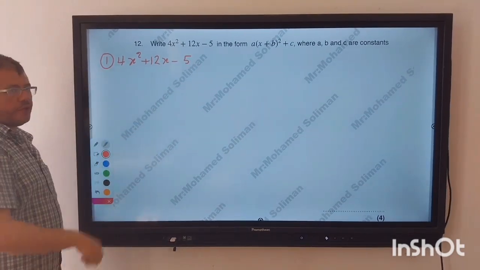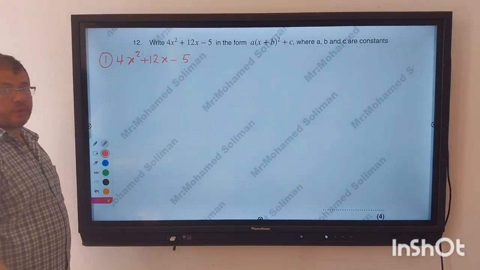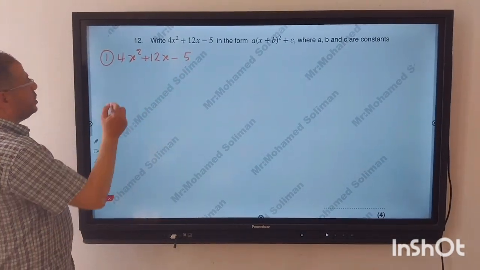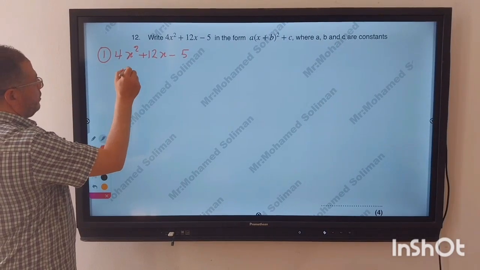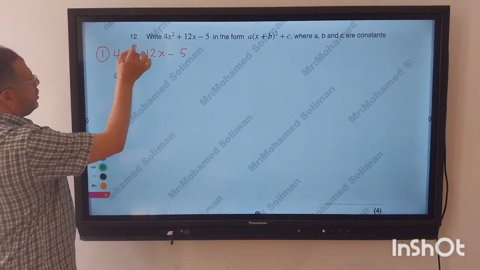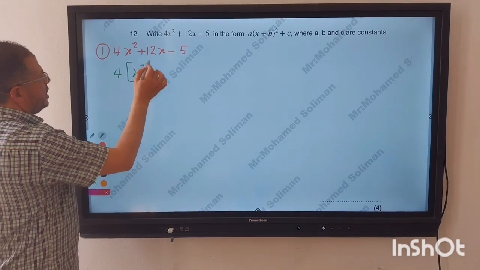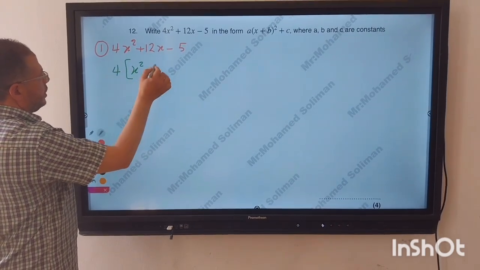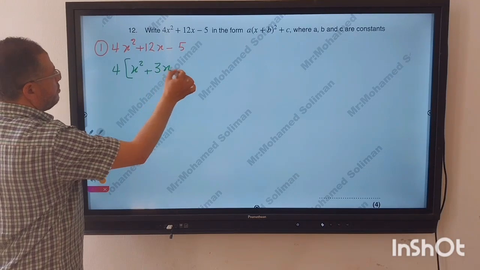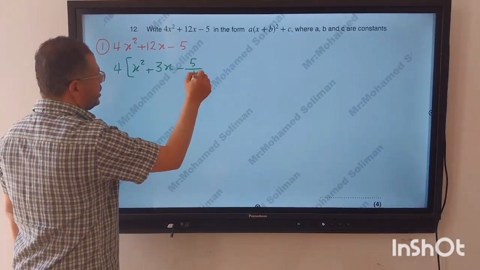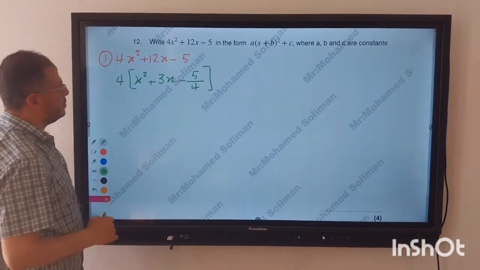Now here the coefficient of x² is 4, so we will have 4 as a common factor for all the terms of the equation. So we can write it as 4, open bracket, 4x² divided by 4, it will be x², plus 12x divided by 4, it will be 3x, minus 5 over 4. You can write 5 as a fraction like this, it will be 5 over 4.